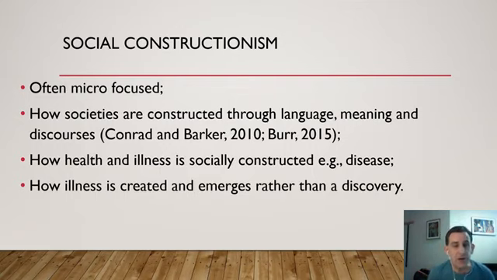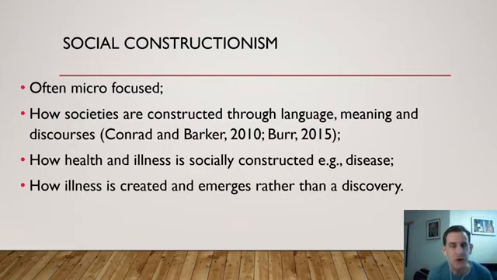So illness and disease is not something which is simply biological, it is socially constructed. It emerges. Often the types of illnesses that we categorize in society, the way we treat them, the way we view them, it's created, they emerge, they are not discovered through biomedicine.